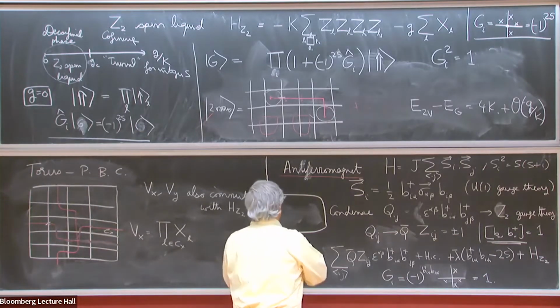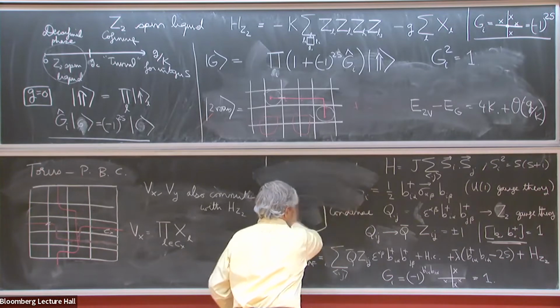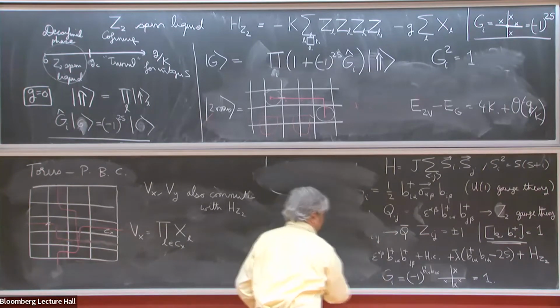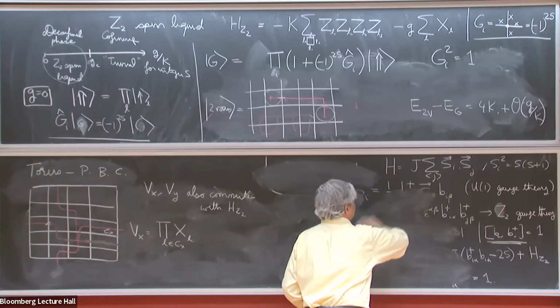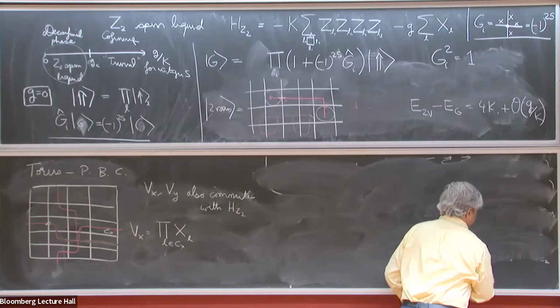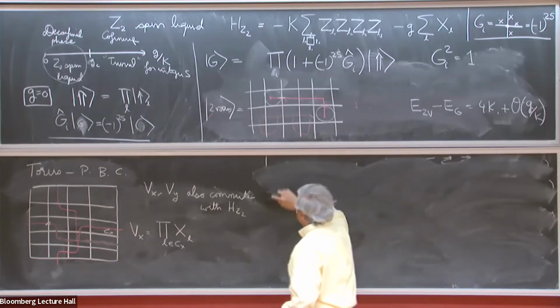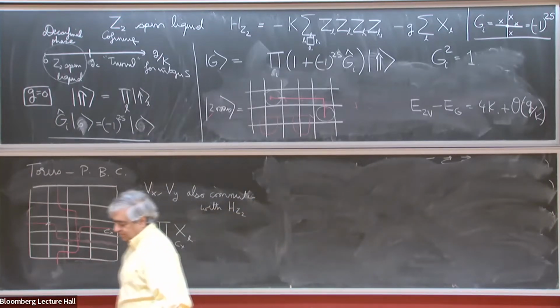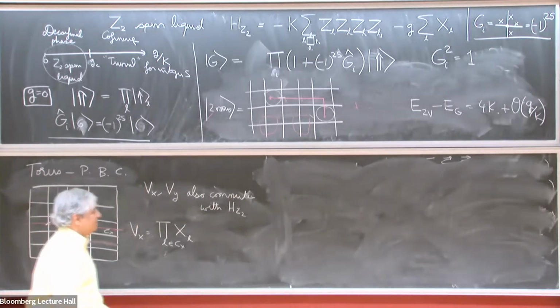Okay. To see that, there are many easy ways. But one way is to define another set of operators, which I'll call the W operators, which do not commute with the Hamiltonian. But let me just define them because they're convenient.